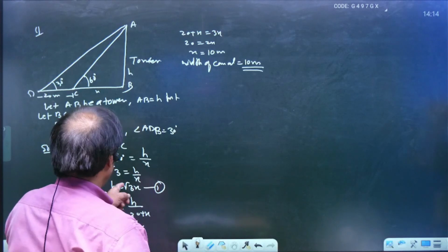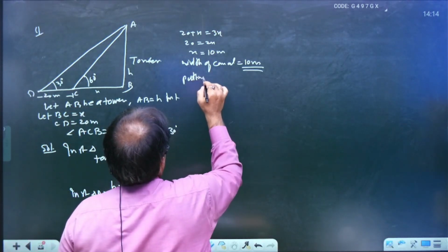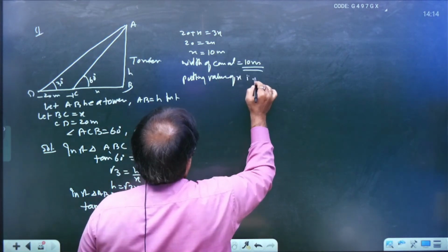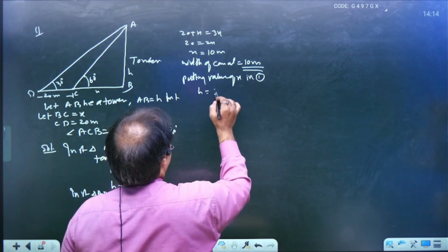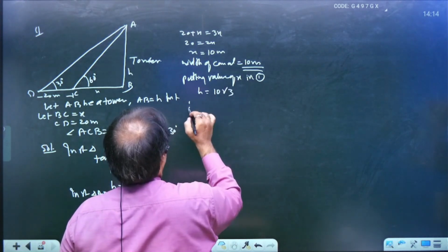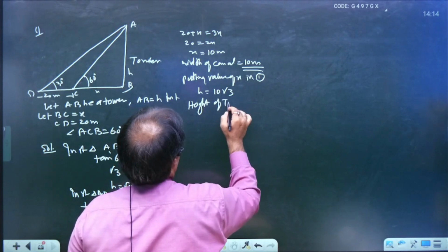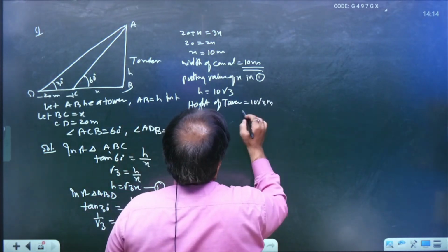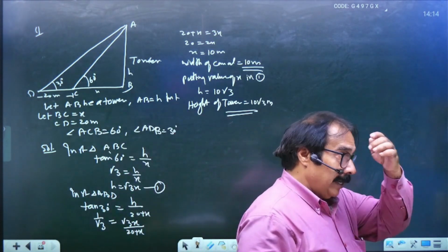And now put the value of x in the first relation. So h is equal to 10 root 3, meaning the height of the tower is 10 root 3 meters. So this is the solution of question number 11.